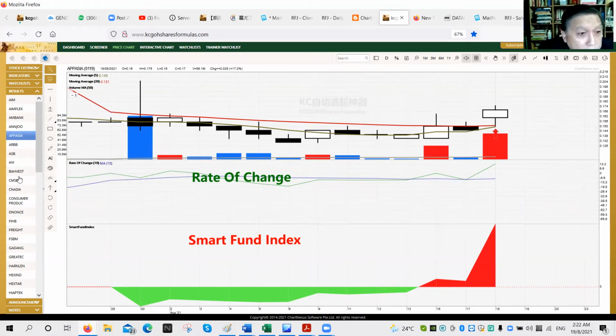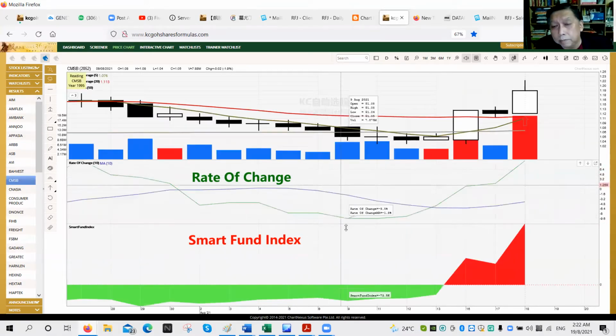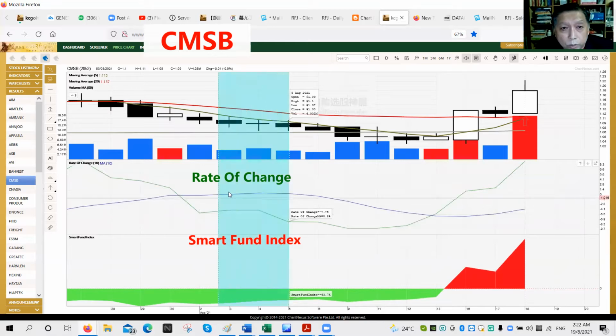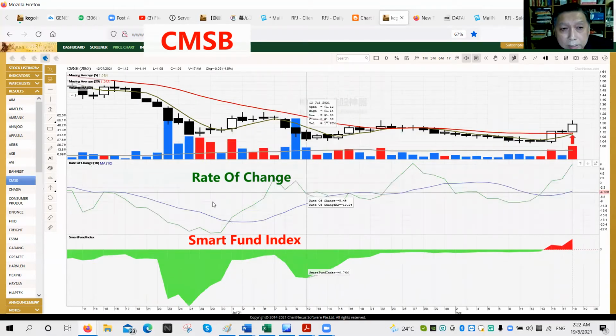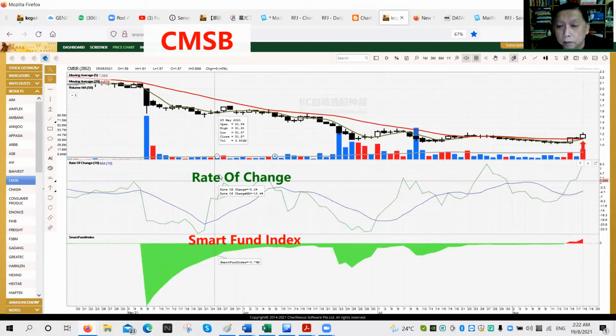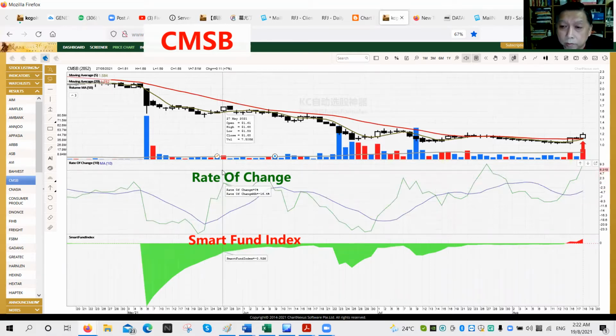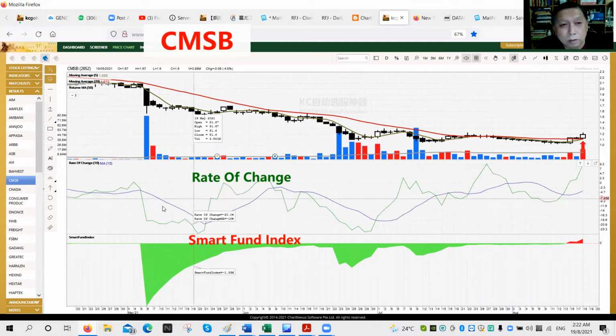The other one is, let me just go on to CMSB. CMSB, we can say is a political link stock, because it belongs to the Sarawak government.